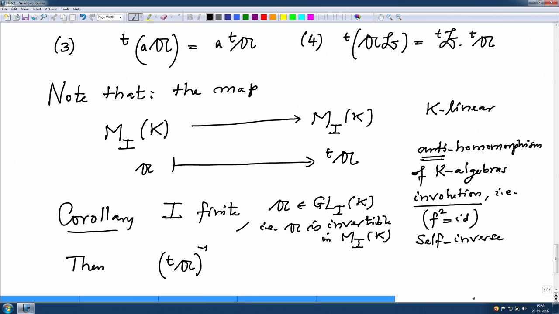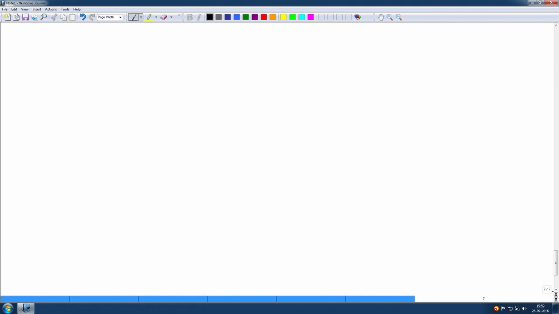So the inverse is nothing but first you take the inverse and then take the transposition. These two operations are commutative. Inverse and transpose are commutative operations. This is again very simple to check from these rules, so I will not write a formal proof.